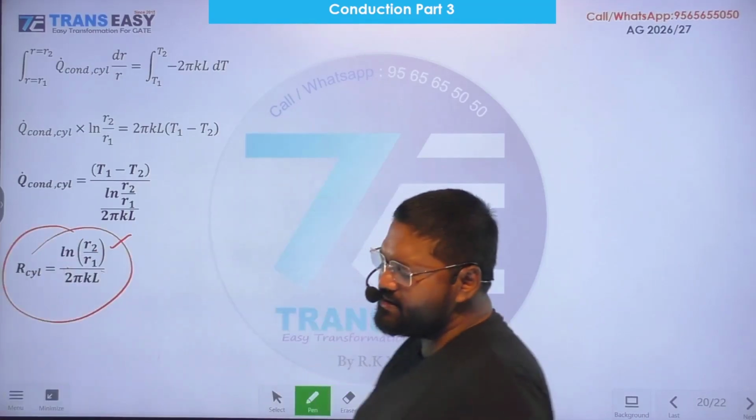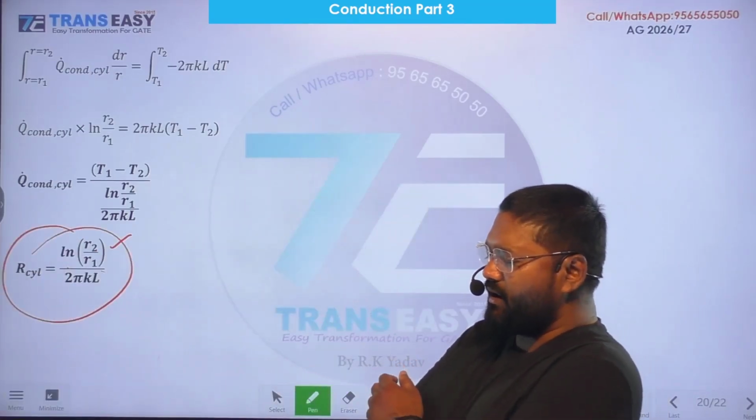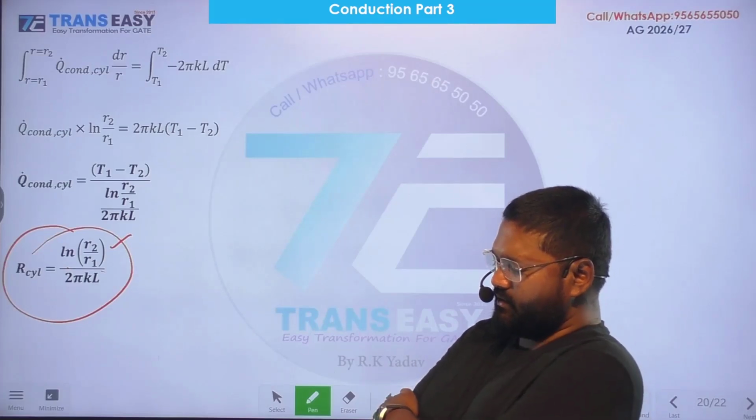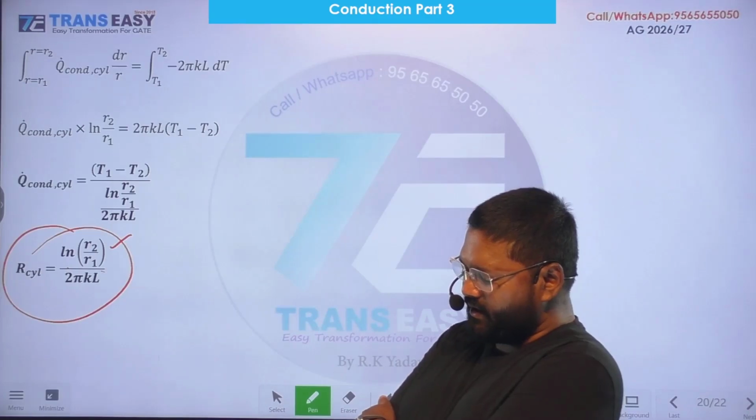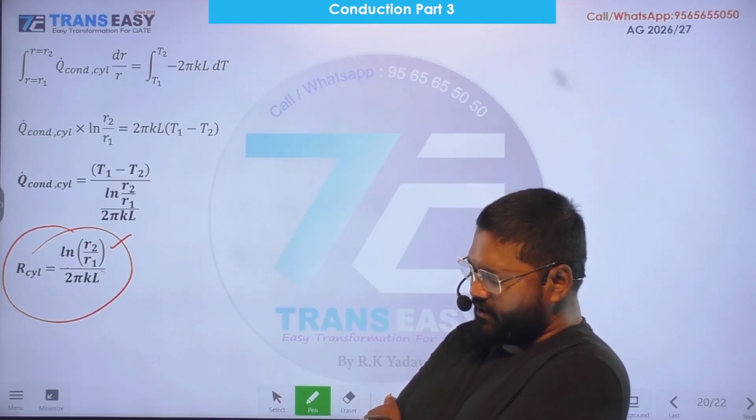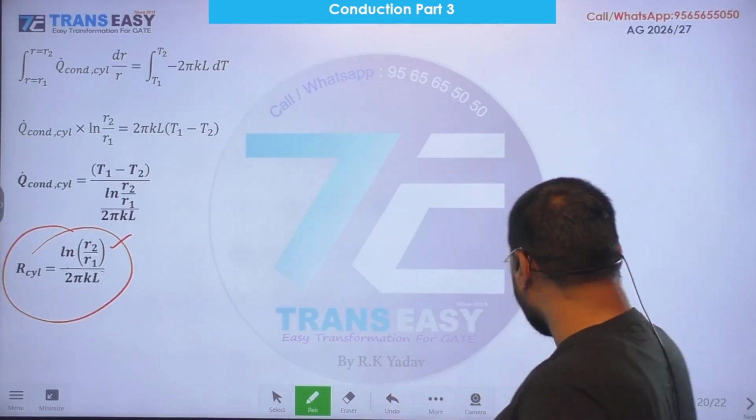Very simple. ln R2 upon R1 over 2 pi KL. K is the thermal conductivity of the cylinder material and L is the length of the cylinder. Is it understood?